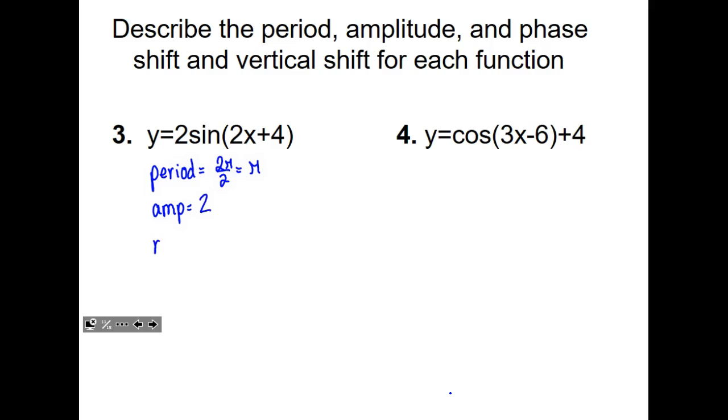Let's see, what else? Midline. Matt, what's the midline for this one? It is not 4. Because that 4 is inside of the parentheses. So it moves it left or right. If the parentheses ended right here, it would be 4.